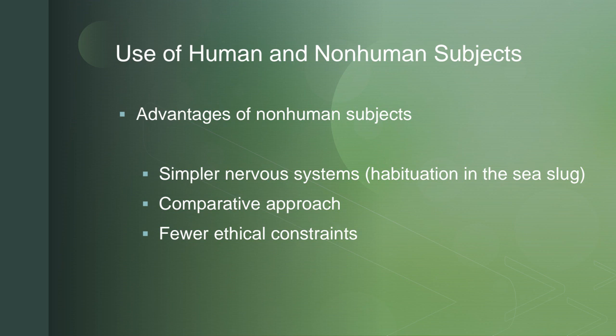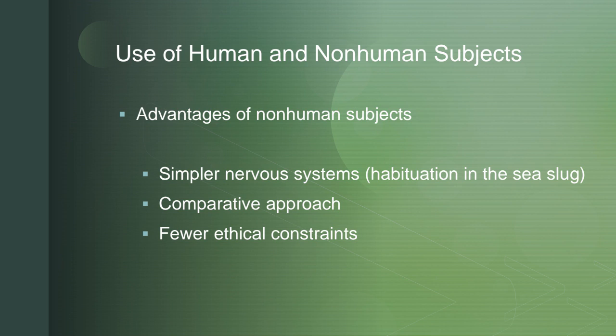just makes things a little bit more manageable, because when very little is known about something, it's best to start small and simple, right? So many non-human subjects have much simpler nervous systems than a human. And also, we can look at comparative approaches, allowing for some comparisons between species.